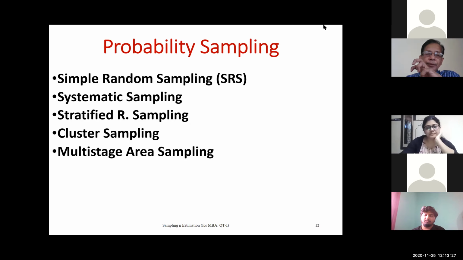You select first few states, then out of those few states, you select few districts, then out of those districts, you select few blocks. So stage by stage, you are reducing the geographical area. So that is called multi-stage area selection. Then from the smallest unit, you select some households for your survey. Is that clear? Any question up to this?